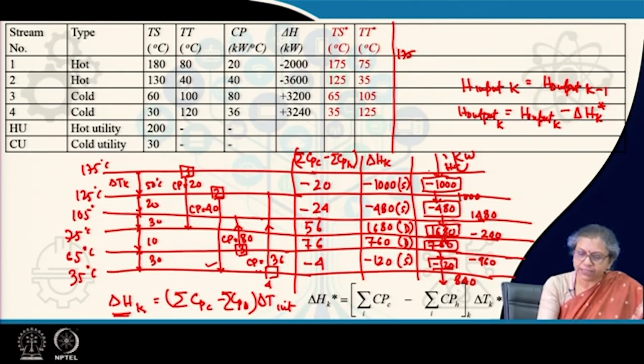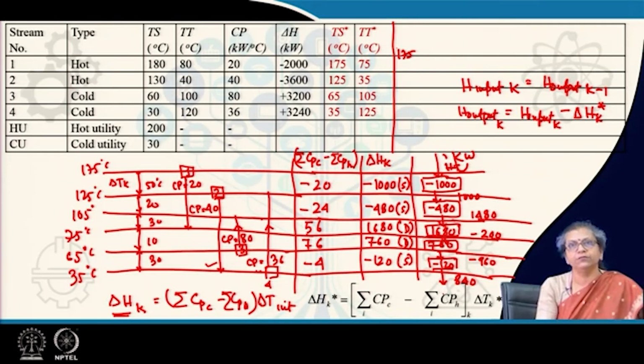So, for each cascade, these temperatures have been arranged sequentially from increasing to decreasing order, and the cascade is formed between two consecutive temperatures in this problem table. For each cascade I have computed delta H k, such that whenever there is a deficit, the sign of delta H k is positive, and whenever there is a surplus, the sign of delta H k is negative. Accordingly, I formulate the heat flow here.